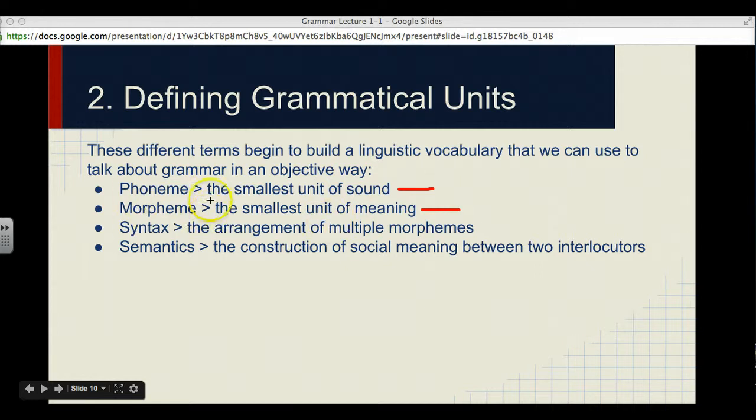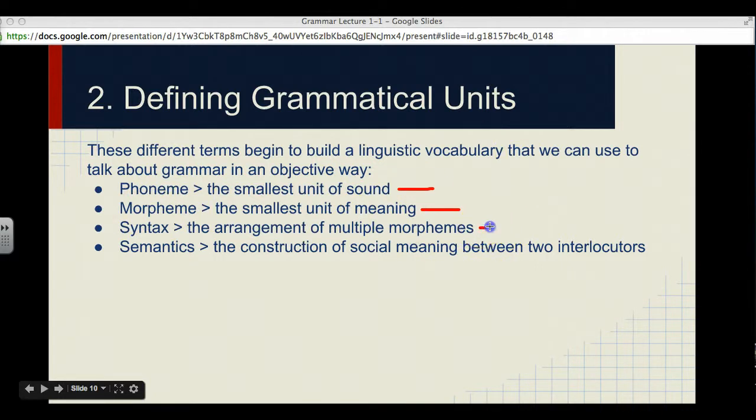A morpheme is a number of phonemes strung together that has some sort of meaning. We can say, I understand what that word means, or if it's an inflectional morpheme like we talked about earlier, like -ed on the back of a verb, we know that means the past tense. The smallest morphemes are the smallest units that have meaning.